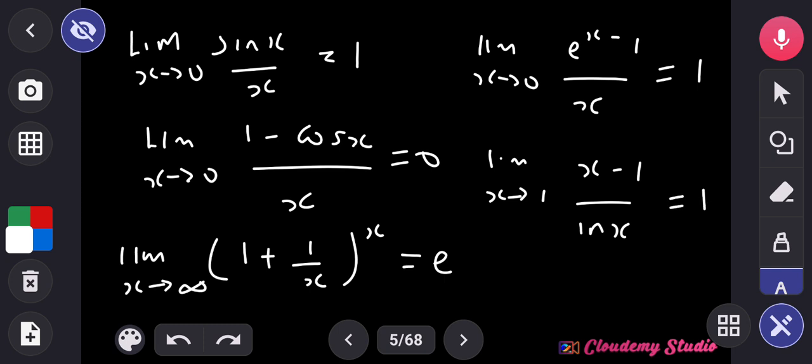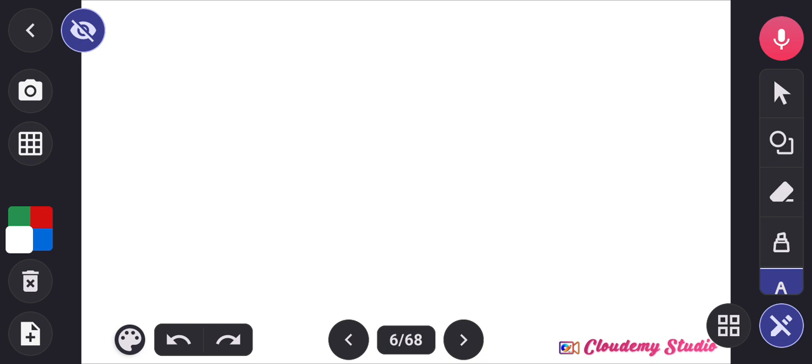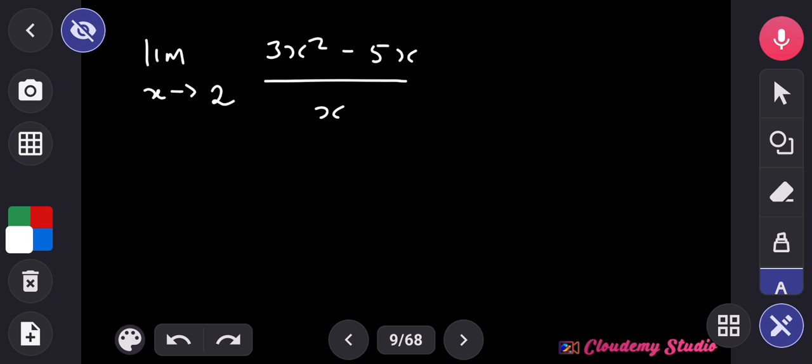Now the question is, how do we apply the limit theorem? Let us take our first example: the limit of x tends to 2 of 3x squared minus 5x, everything divided by x plus 6.